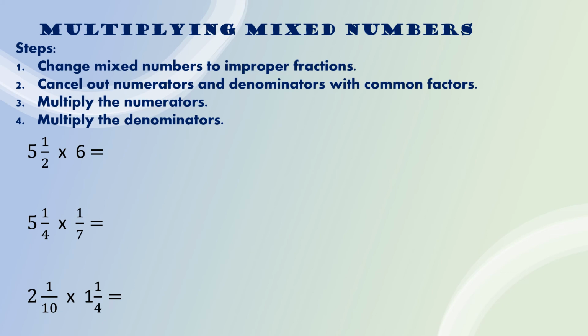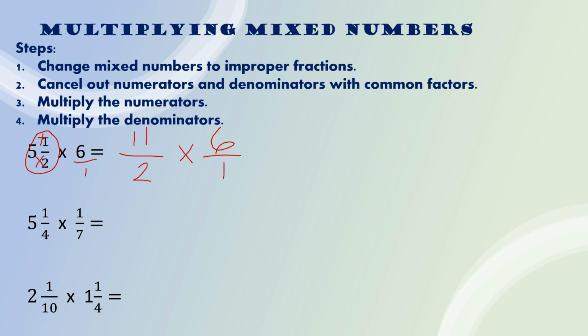Let's change 5 1/2 to an improper fraction. So how to change? 5 times 2 is 10. 10 plus 1 is 11. 11 halves times 6. And we know that all whole numbers have a denominator of 1 because a number divided by 1 is always the number itself, right?